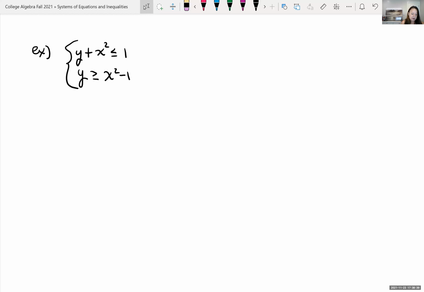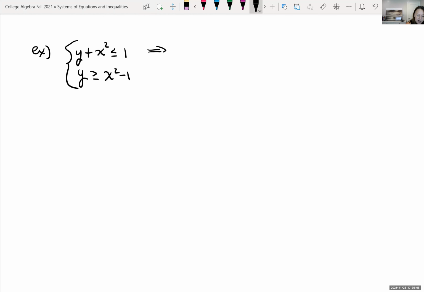Okay, so our next system of inequalities: y plus x squared is less than or equal to 1, and y is greater than or equal to x squared minus 1. You should notice that those are both parabolas, and because it's the x part squared and not the y, they're either going to be facing up or down. Let's put this in the form of a y inequality. That's already the case for the second inequality, but for the first, let's subtract x squared.